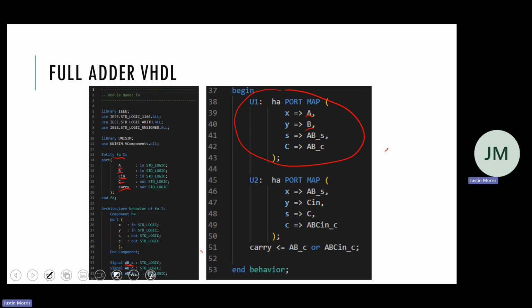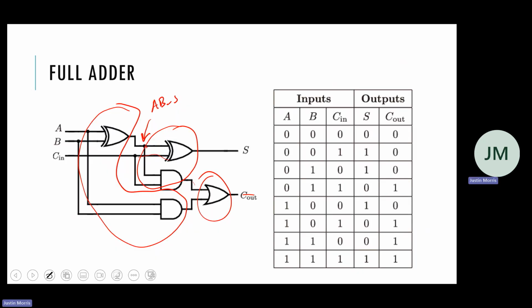And then the carry is AB carry, and that is right here. So AB carry with a C. So we see how that is the first half adder, right?